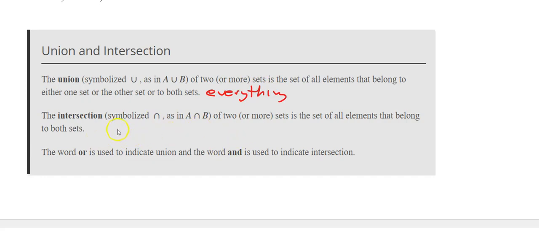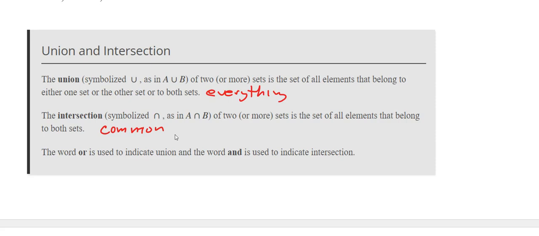Intersection, think of that as things that are common. Union, take it all: you have two different sets, put them together without any repeats. So if you have a 2 in one set and a 2 in another set, just put the 2 down one time.